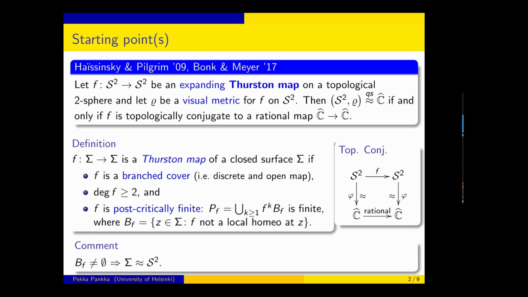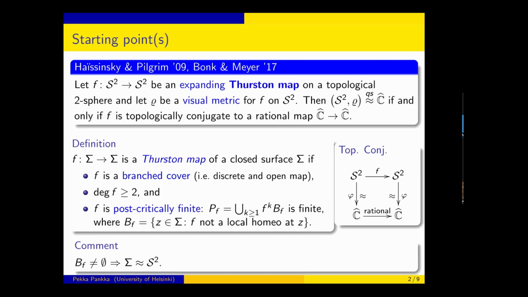Let me put a little side remark here. I stated this for closed surfaces, but that's a slight overkill in this setting, because if you assume that you have an interesting Thurston map, meaning that you really have a non-empty branch set, then the classical Hurwitz formula counting arguments show that your surface is actually a topological sphere.